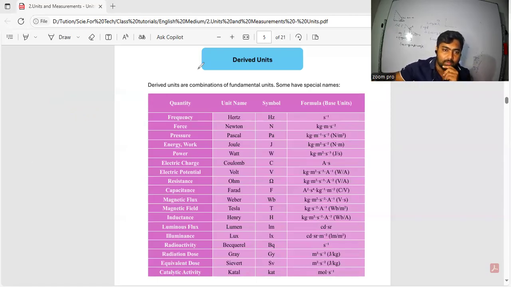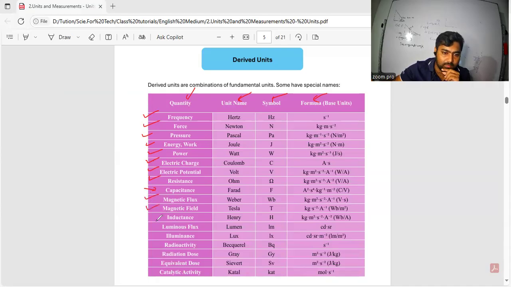Okay, then you have to write this table. Just write four columns, and you have to write frequency, force, pressure, energy, power, electric charge. Electric potential, no need. Resistance, no need. Capacitors, no need. Magnetic flux, yes, you need that one.